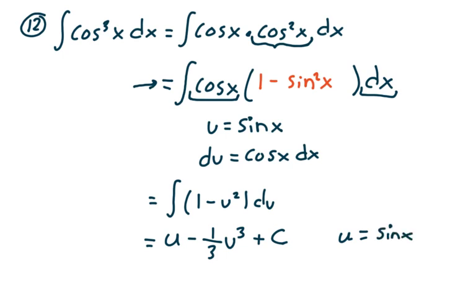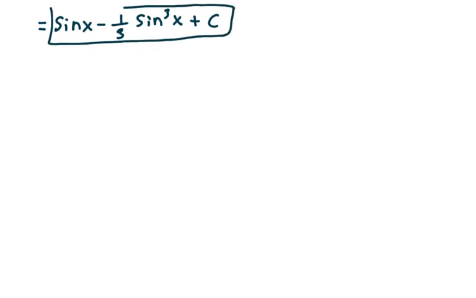So I'm going to replace u with sine of x. And so we get sine of x minus 1/3 sine cubed x plus c. And we did it. That was number 12.